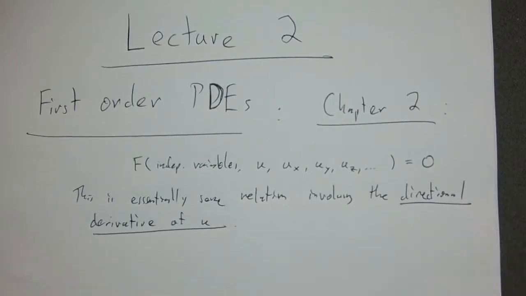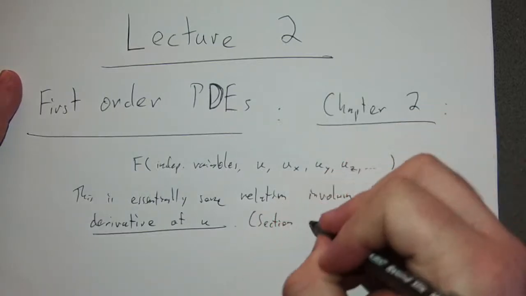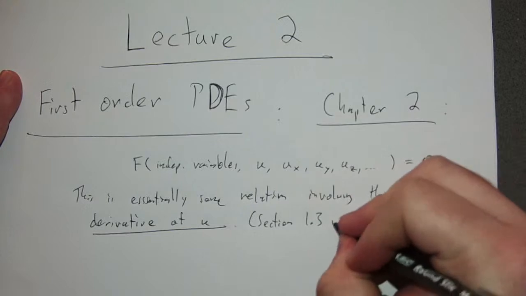So if you are a bit rusty on remembering exactly what the directional derivative is for a multivariable function, or how it is computed, we'll talk a little bit about that, but if you need to refresh your memory, you can look at section 1.3 in the appendix.